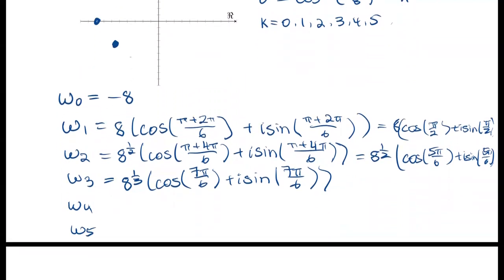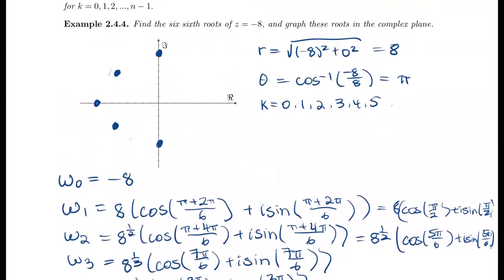And then W4 or omega 4, you get 8 to the power 1 over 4 cosine 3 pi over 2 plus i sine 3 pi over 2. So that would be down here now. And we also have the other numbers.